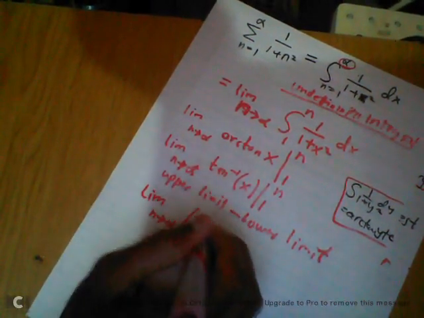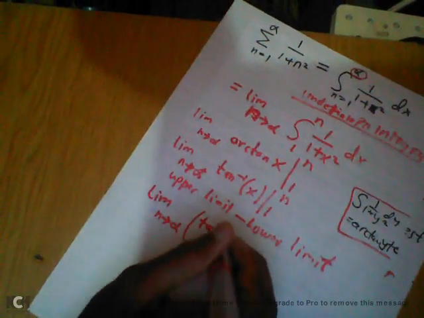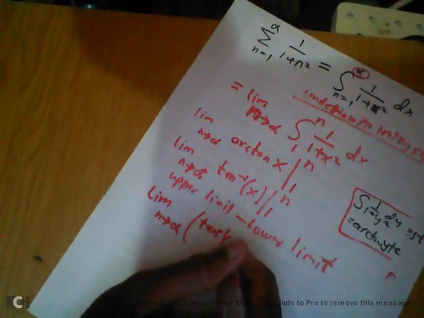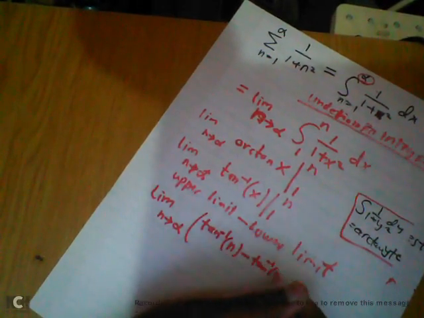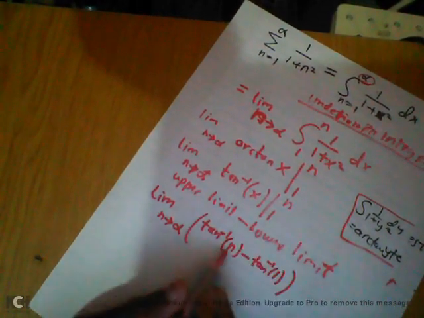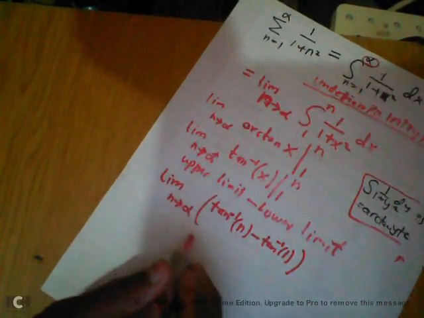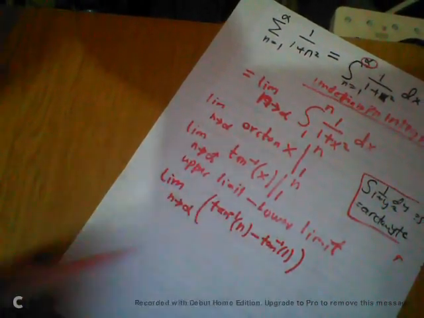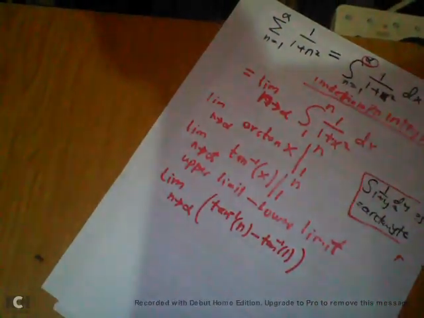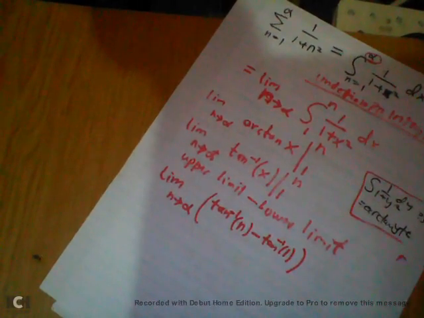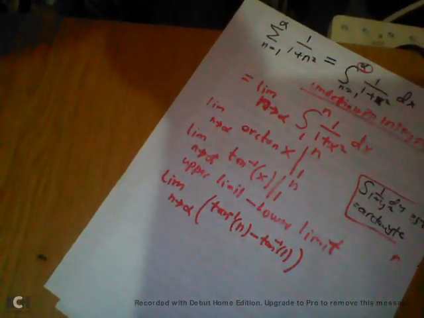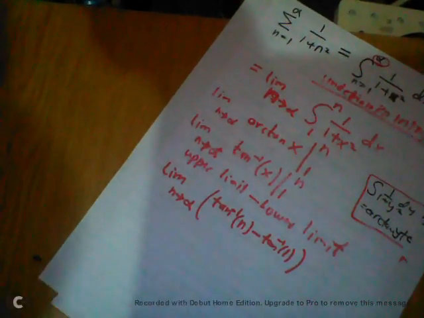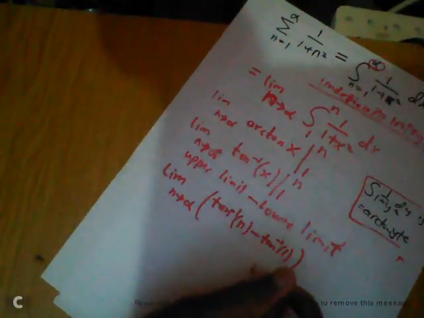So it's going to be tan inverse of n minus tan inverse of 1, or arctan of n minus arctan of 1. Now tan inverse of 1 equals pi over 4.